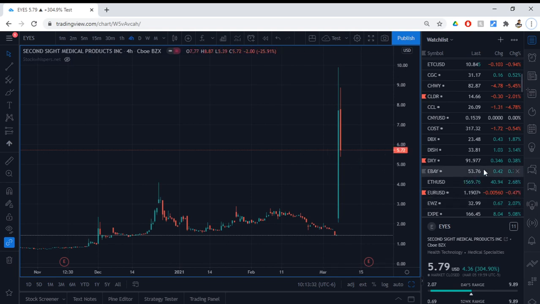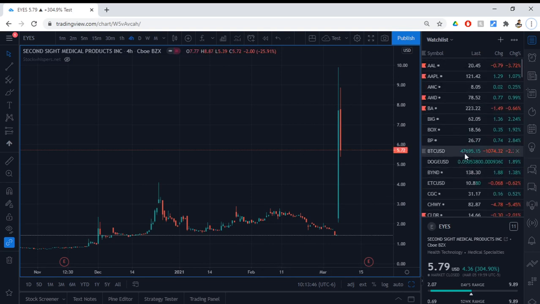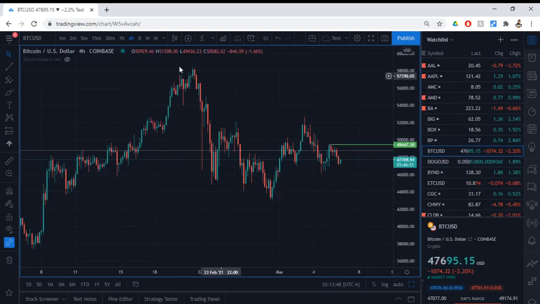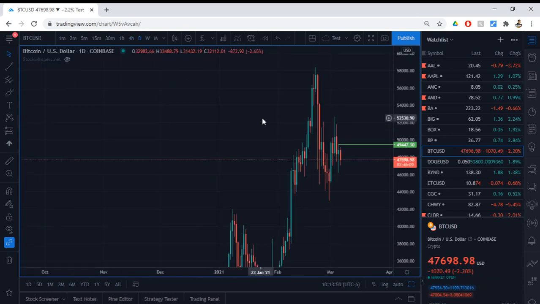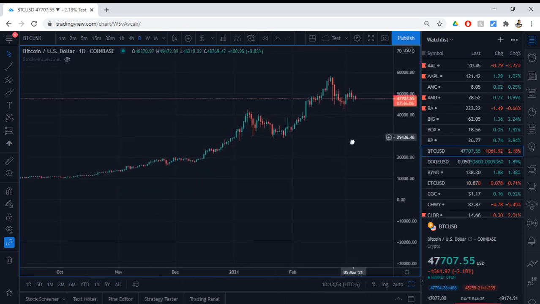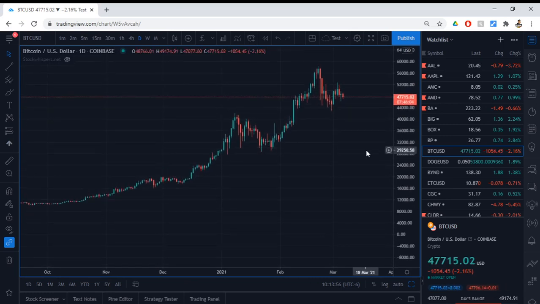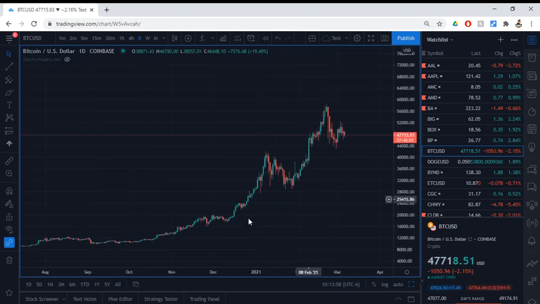So the first thing is we need to define what trend we're trading. For that, I'm going to use just Bitcoin, because it's something that I know is trending. Everyone can see here that Bitcoin is in an uptrend, right?